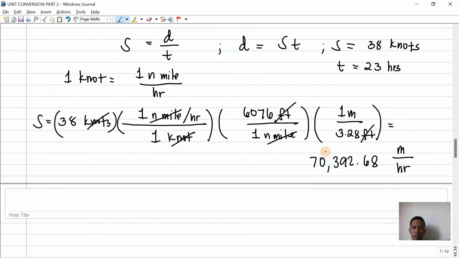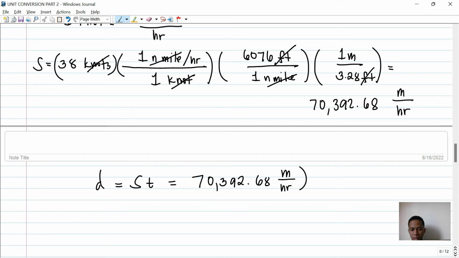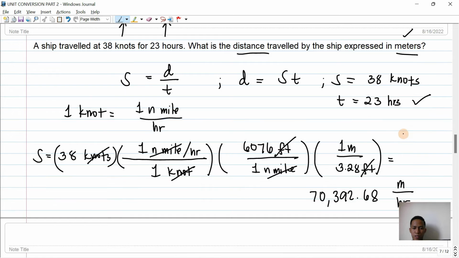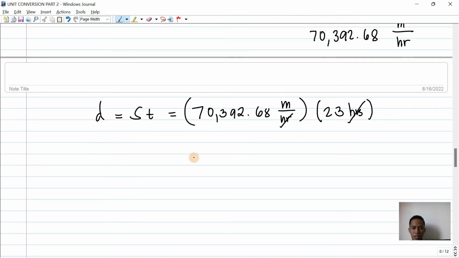Okay, so we can compute now for the distance. Okay, distance is speed times time. So distance equals, speed natin 70,392.68 meters per hour times the time, which is 23 hours. So hours will cancel out and we have here a unit of meter.